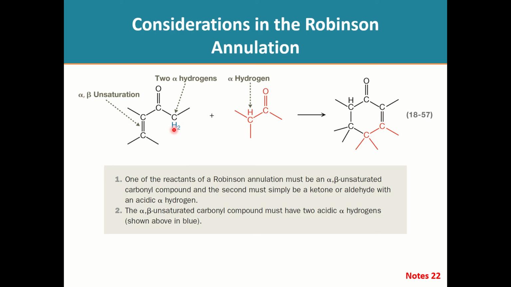When you look at your alpha beta unsaturated carbonyl compound, the alpha carbon has to have at least two hydrogens. And those requirements are reflected when you go back to the mechanism.